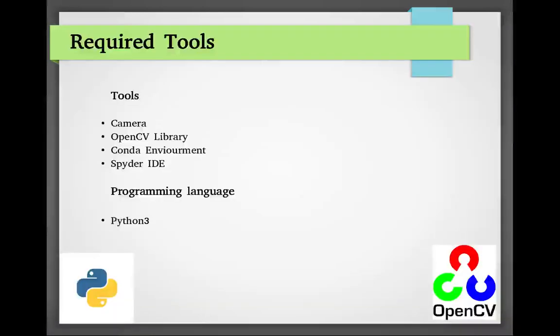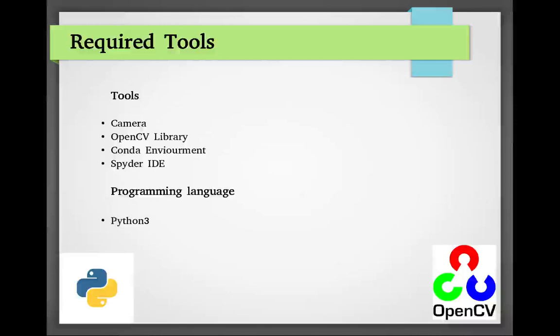So let me tell you which technology I used to develop this project. The Python language is used with the OpenCV framework, and OpenCV is an open source computer vision library which allows us to manipulate and process images in an easy way. We call these APIs.